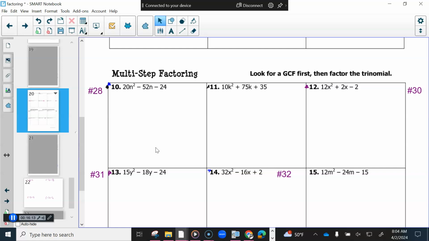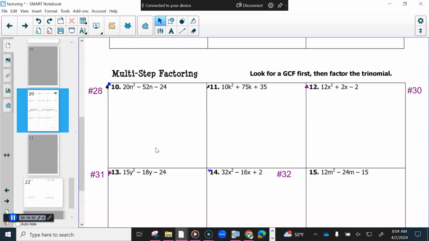So let's start with number 10. If I'm looking for a GCF of number 10, what might those all have in common? Four. If you're not sure, think of the factors of each.